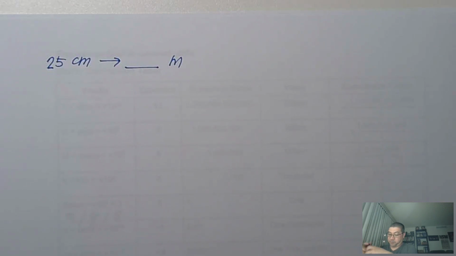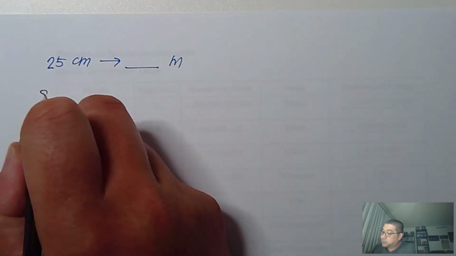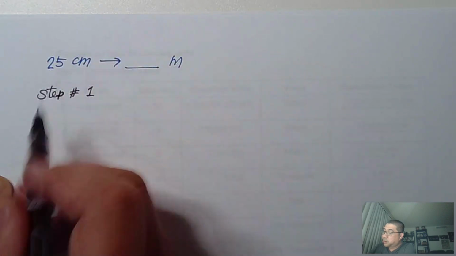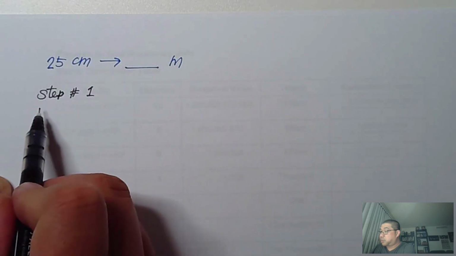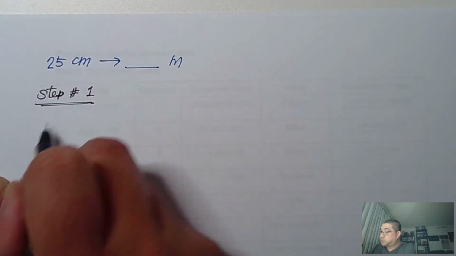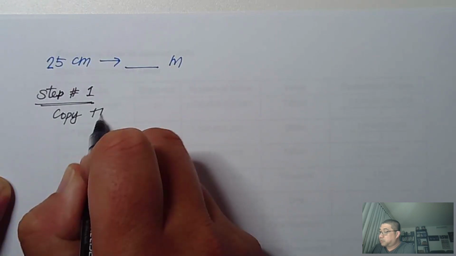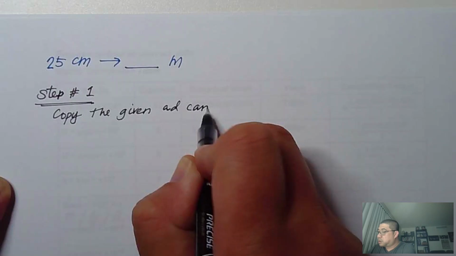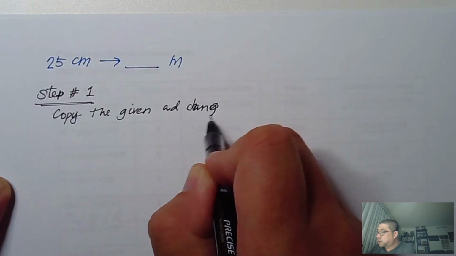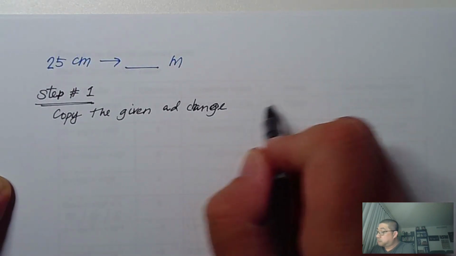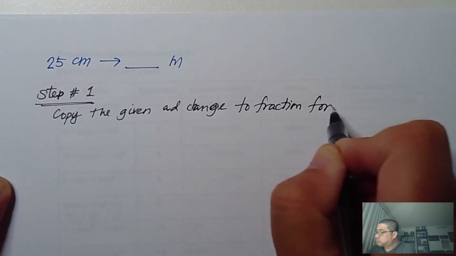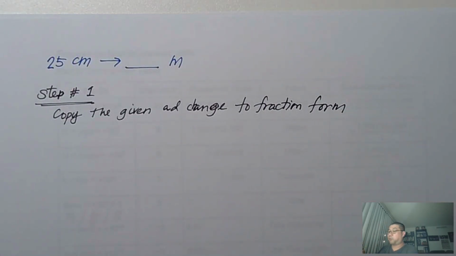Now, centimeters. What is step 1? Step number one is to copy the given and change it to fraction form.